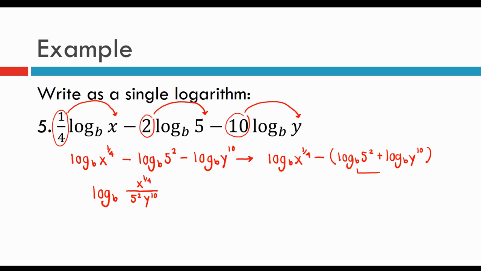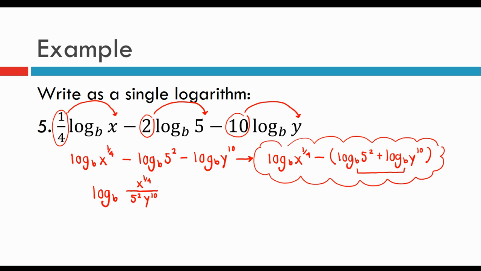So technically, because these two things were being added, that's why they're being multiplied down in the denominator. You can ignore that step I just created. It isn't necessary to show, as long as you understand that however many subtraction signs you have tells you how many terms are going to be multiplied in the denominator.